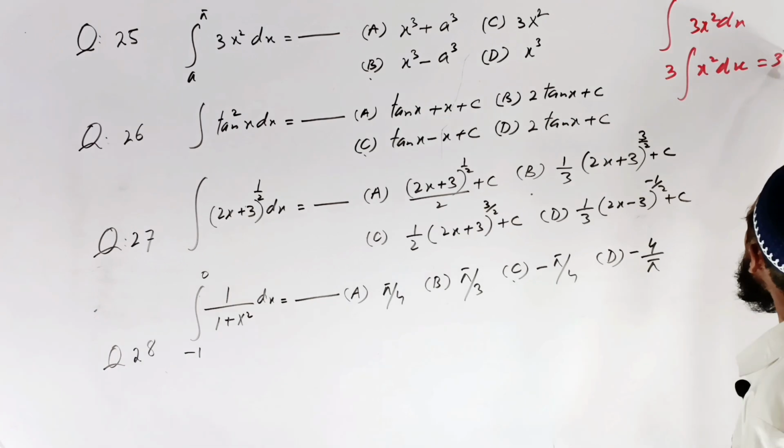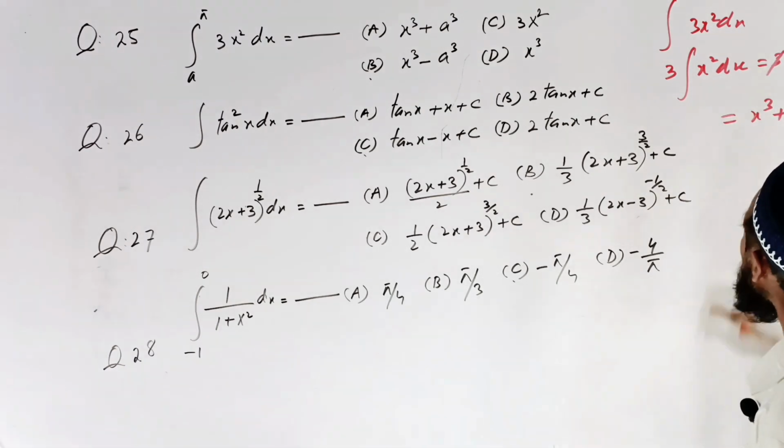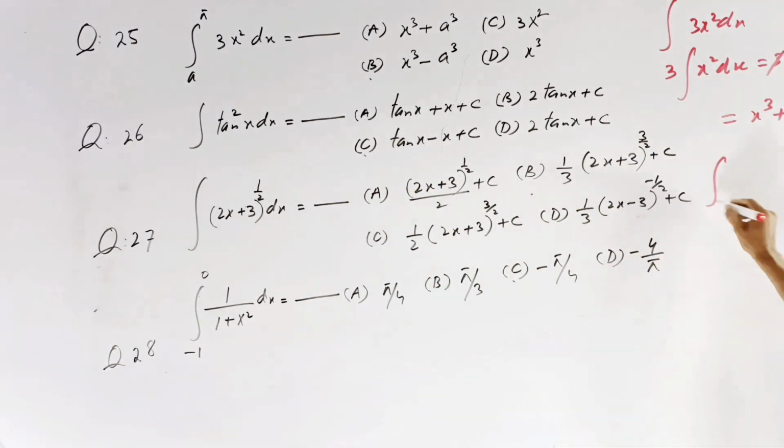Here we cancel the 3, so we get x power 3 plus c. But here lower and upper limits are used, so c is ignored and the upper and lower limits are applied.